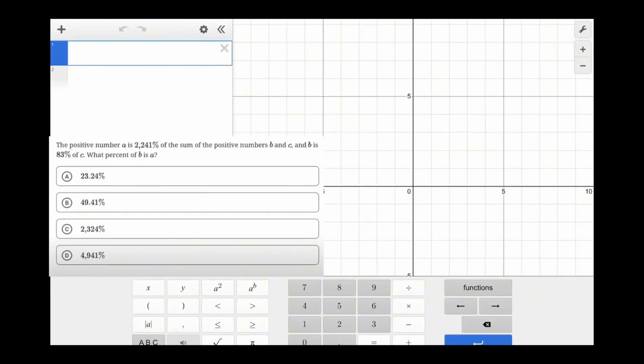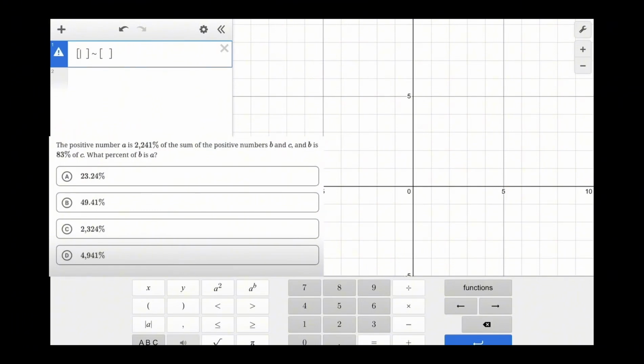Alright, so the question is saying the positive number A is 2,241% of the positive number B and C, and B is 83% of C. What percent of B is A? So when they're saying "is" in an SAT question, we're just gonna put them in these metrics and use this equivalent to put them together.